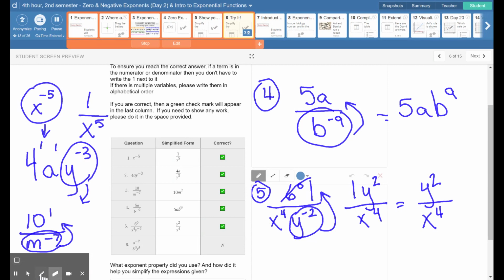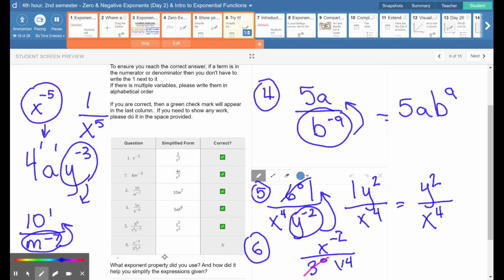And then lastly, number 6. So we have x to the negative 2 in the numerator. We have 3 to the 0 power in the denominator, and then we have y to the 4th. So we know 3 to the 0 is 1, so I'm not even going to bother writing it right now.